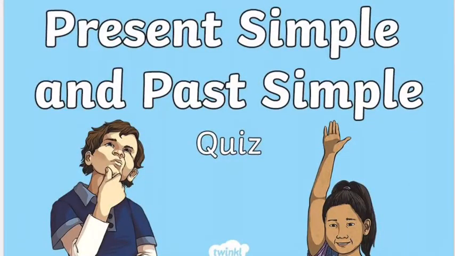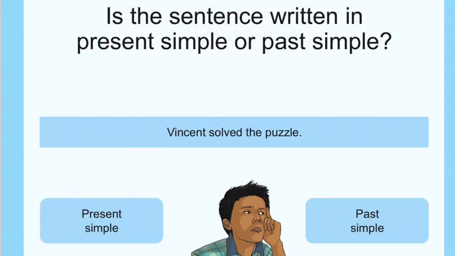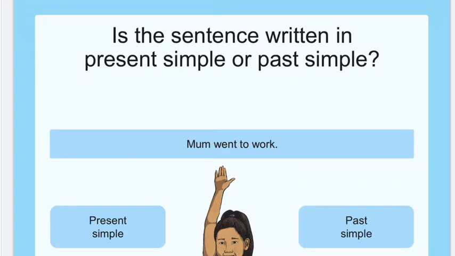Time for a quiz. Decide whether you think the sentence is written in the past tense or the present tense. Are you ready? Off we go. Vincent solved the puzzle. That's past tense, ed. Mum went to work. Went is past tense.